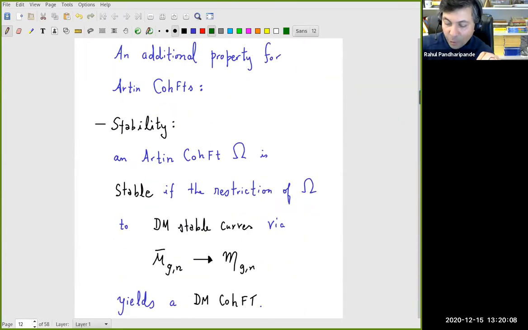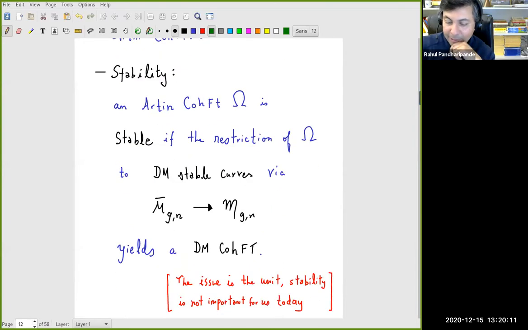So if you want your Artin CohFTs to give you Deligne-Mumford CohFTs, you have to do something about the stability. The simplest way is to say by hand that these Artin CohFTs are stable if, when they restrict to M_{g,n} bar, you get a Deligne-Mumford CohFT, which has to do the stabilization. And as I advertised at the beginning, this unit thing is a bit of a headache, and it might be better to just forget about that point.